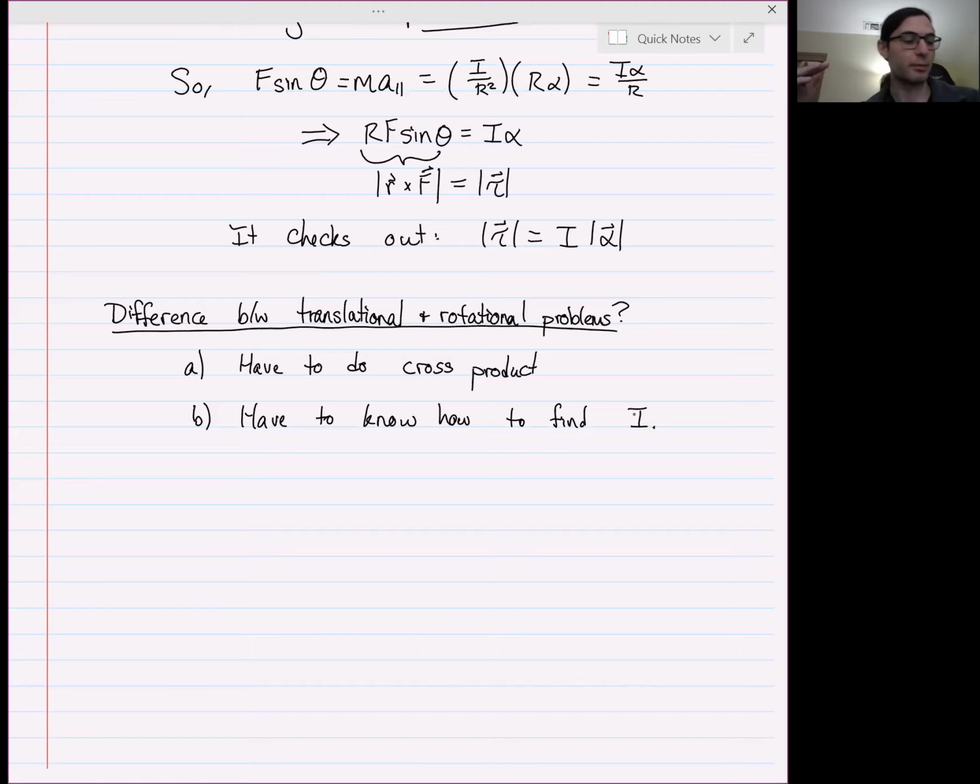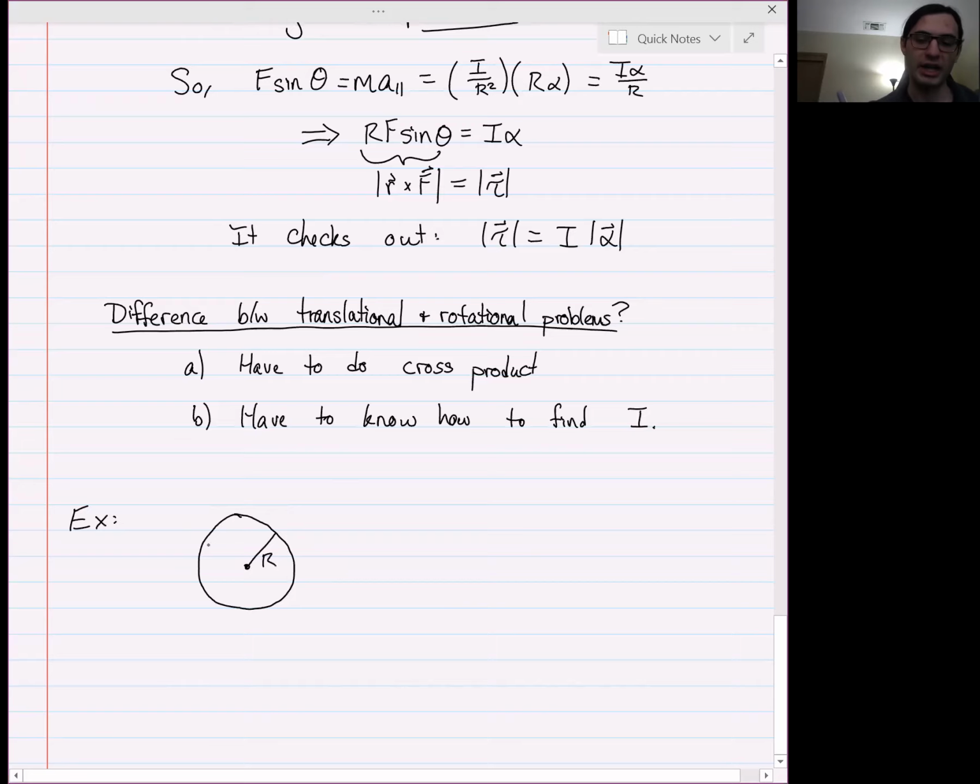So let's do another example. Let's test this on another example where we actually know the answer. The example that I think we talked about on Monday was a spool that's unraveling because a block is hanging from it. So this radius is r, the spool has mass M, and the block is falling and it has mass little m.